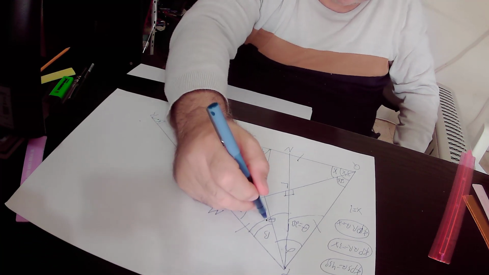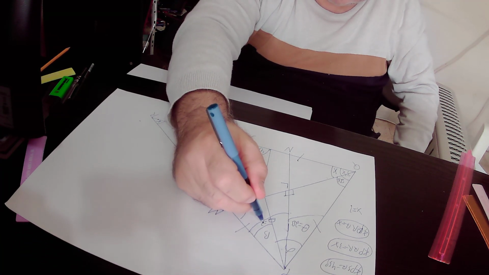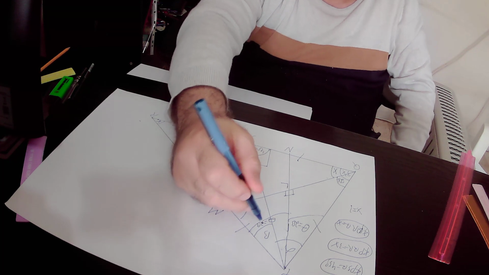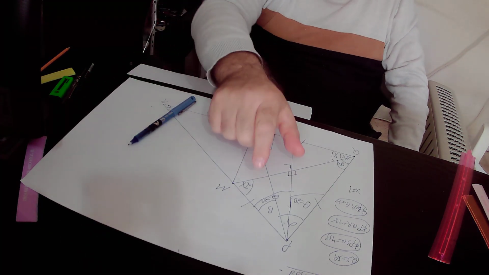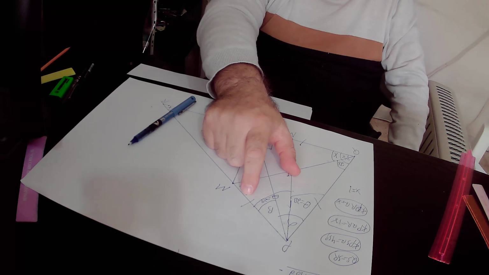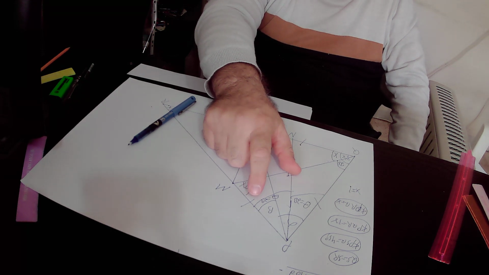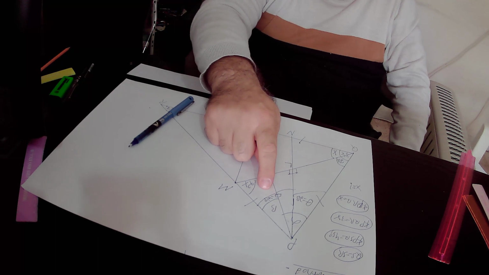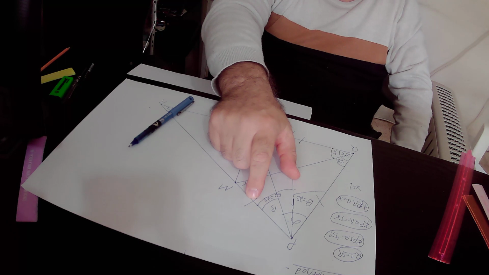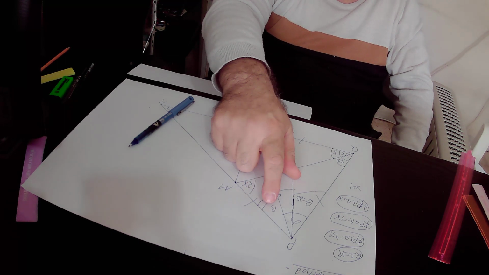Here also theta equals 2 beta. But here, this angle is angle theta, and this angle is angle beta. And theta equals 2 beta. So this angle equals 2 beta, and this angle equals beta.